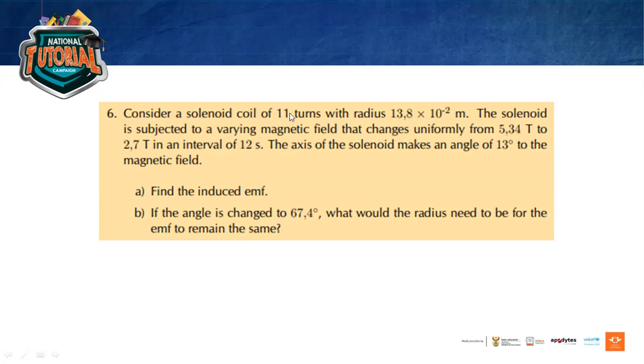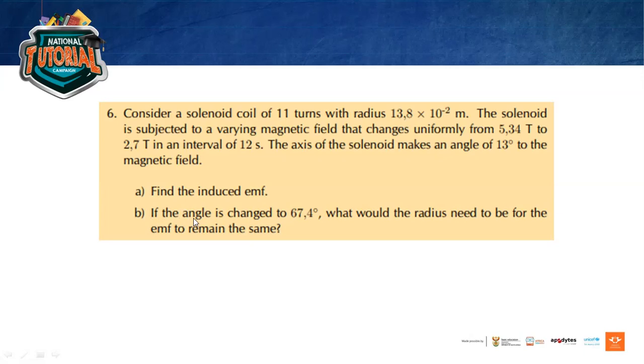So we have our N, our change in magnetic field, and our radius. And we also have our angle, which is the axis of the solenoid, stated as 13 degrees to the magnetic field. So here we are given everything that we require to calculate the induced EMF. And then they want us to find the induced EMF.